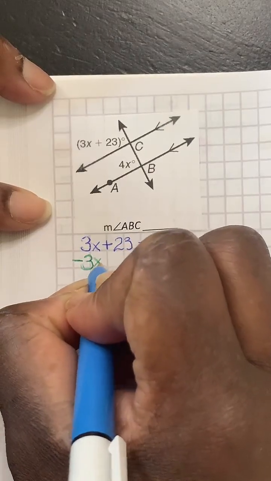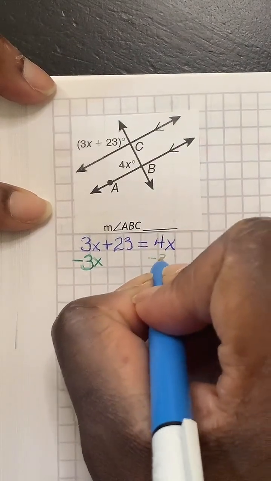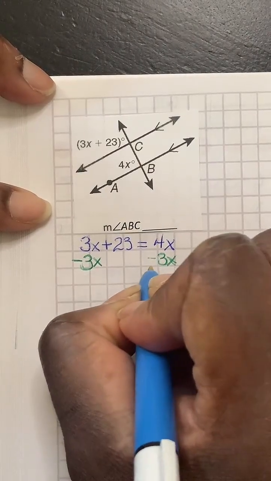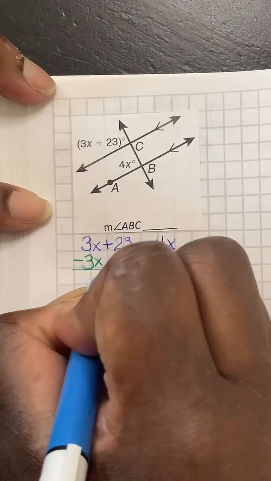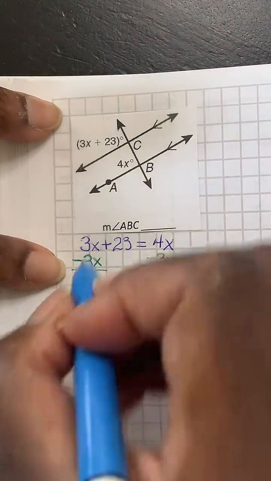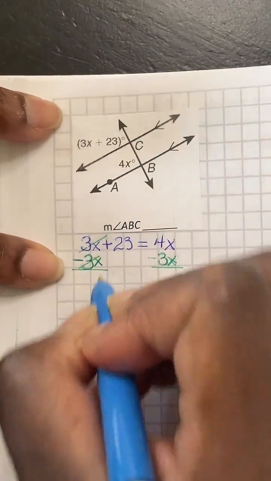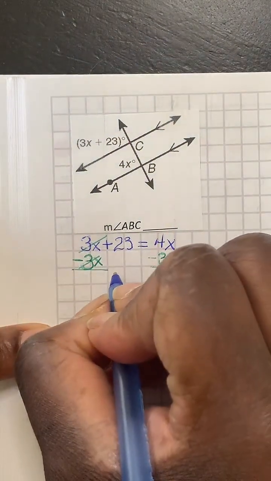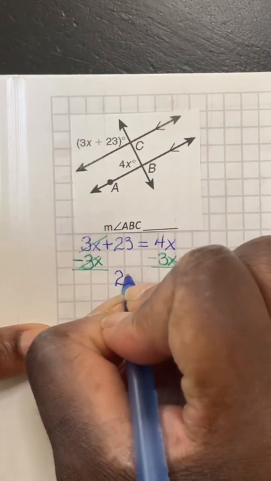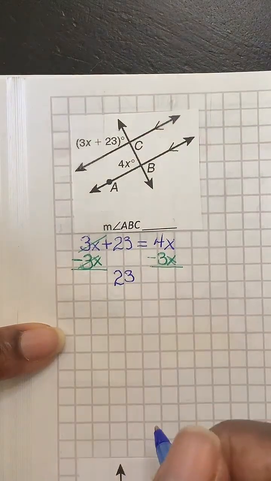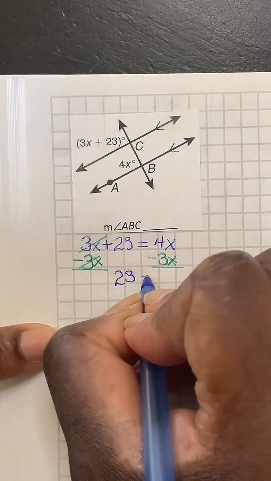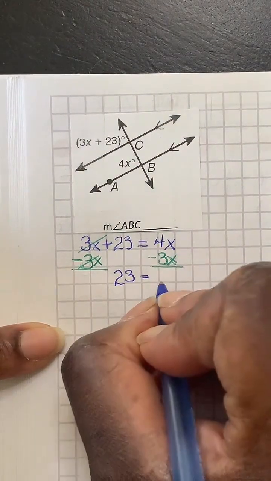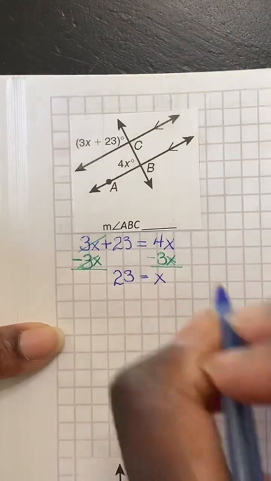So I'm going to subtract 3x on both sides. 3x minus 3x will cancel out, and what I'll bring down is my 23. Equals 4x minus 3x gives me 1x, or just x.